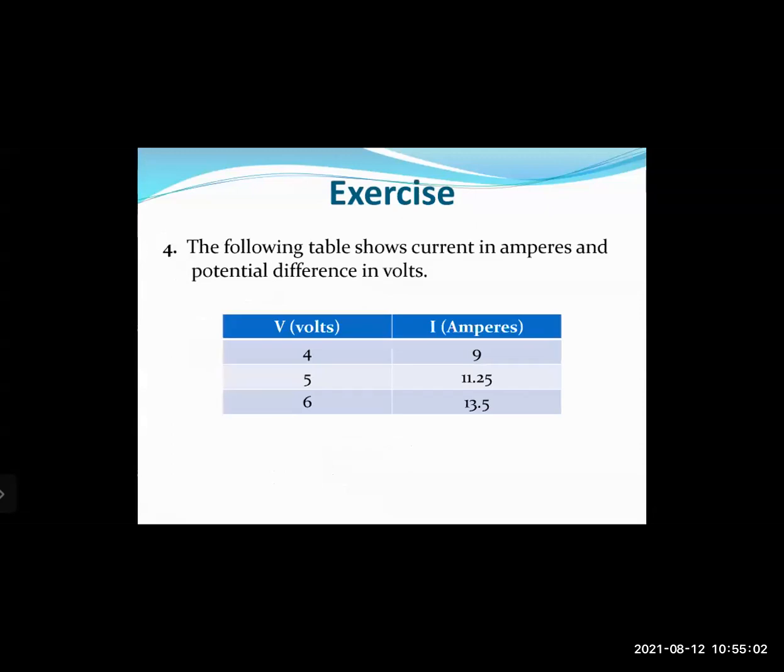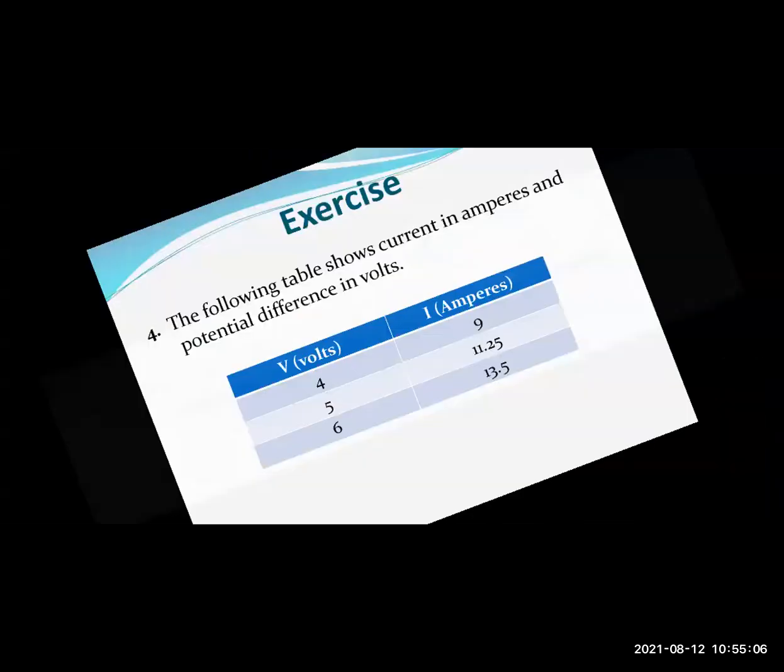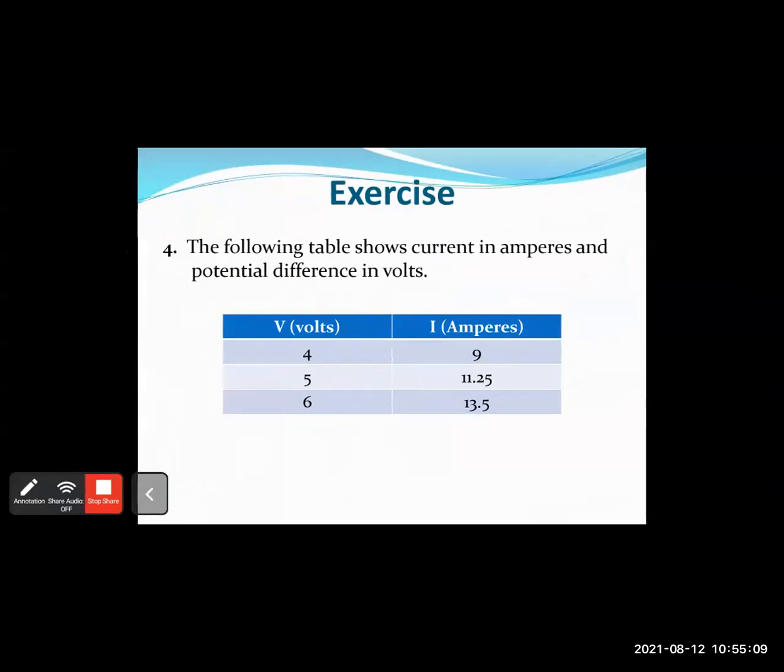Okay, let us move to the next question. Here we have certain data provided to us. Question number 4. The following table shows current in amperes and potential difference in volts for the same circuit, and we have 3 different cases.